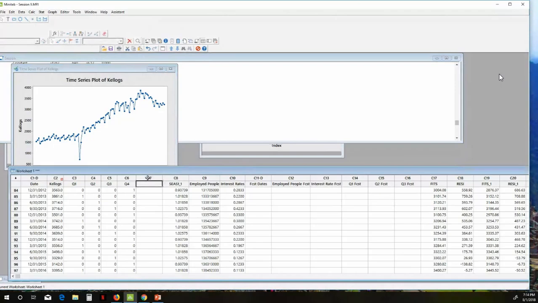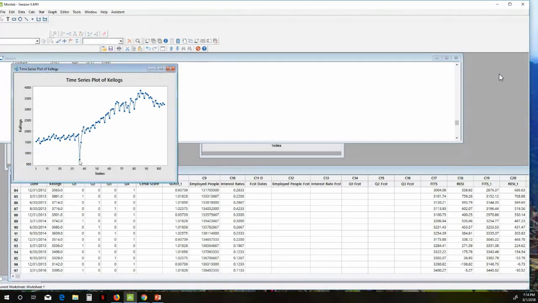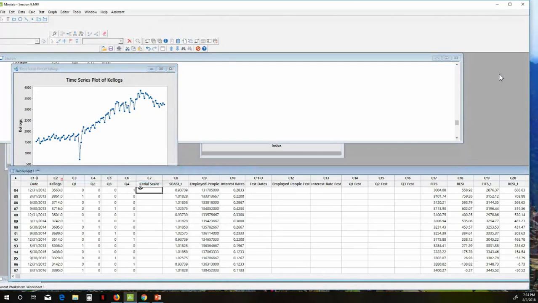Let's call it a serial scare. Okay. And we want to invoke that puppy. If we come back to this chart, it's 36 and 37. We want to make sure this serial scare is in because that's when it occurred.